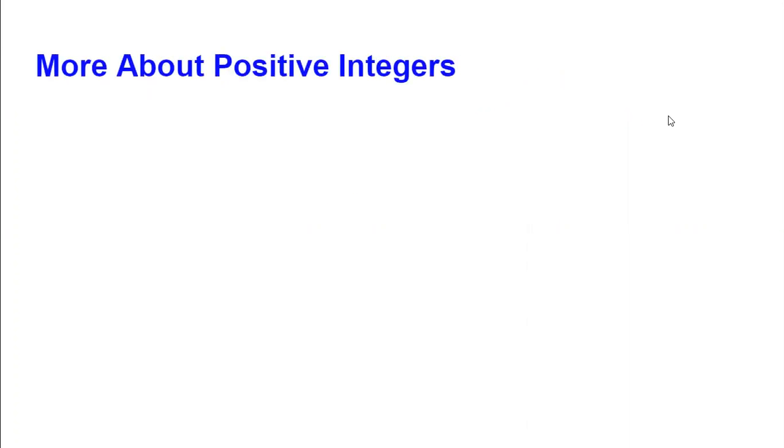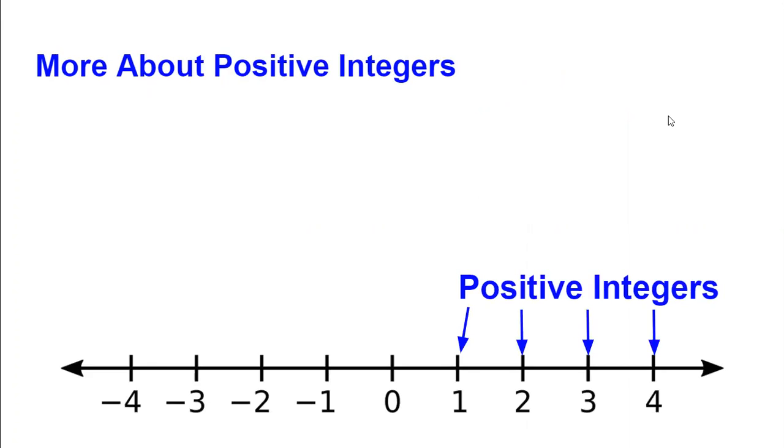More about positive integers. There they are again, our fun positive integers. And just so you know, I'm coloring them blue right now, just so you can get an idea and keep in mind which ones are positive, and then the negatives I'm making red. But eventually you're just going to see them all in one black color. So just helping you get used to the number line.